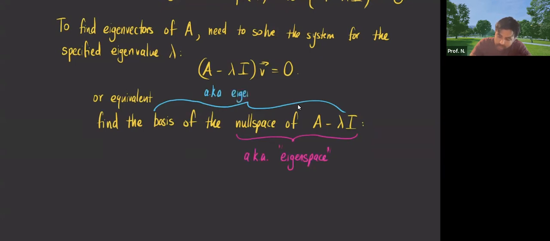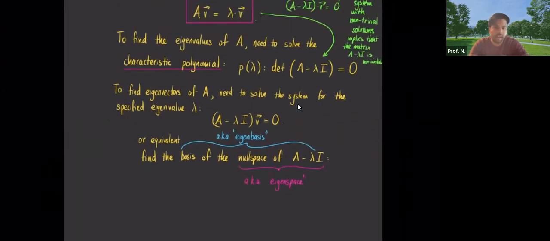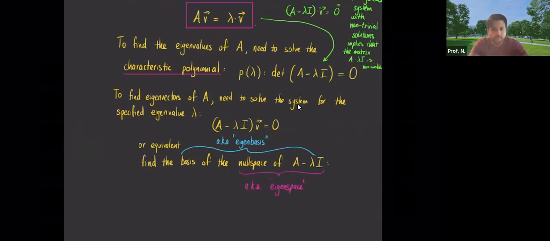So this word eigen is going to be peppered in throughout most of our terminology. So we got eigenbases from eigenspaces, and the eigenspaces come from the eigenvalues, which are used to find the eigenvectors. So there's a lot of eigen, and more eigen.